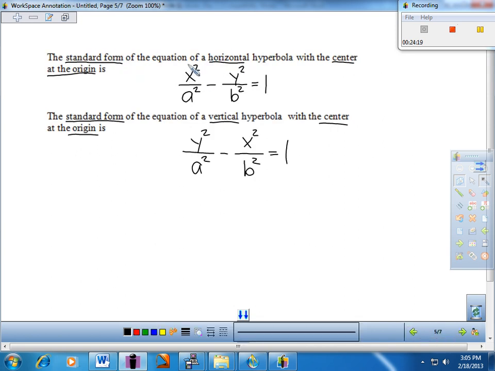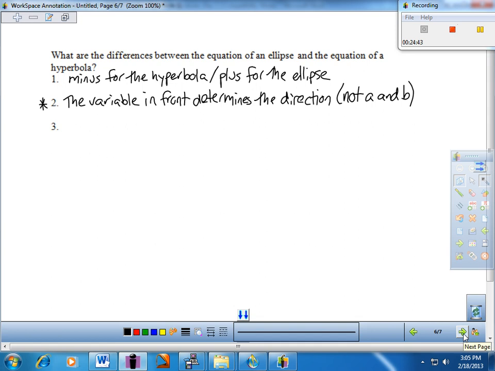So here's the deal. If x is out in front, it's horizontal. If y is out in front, it's vertical. That's the key. These, quite frankly, are irrelevant. We'll talk about one more difference in just a second, but it's really this piece. Horizontal, x is in front. Vertical, y is in front. And that is definitely unlike what our description was in an ellipse.